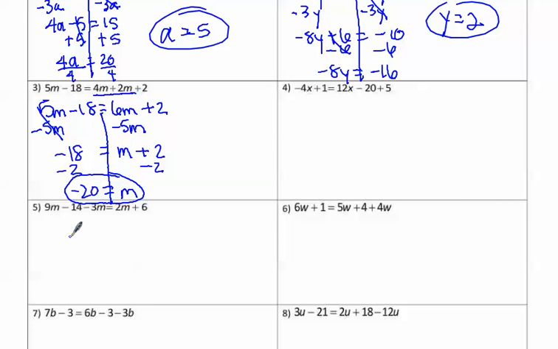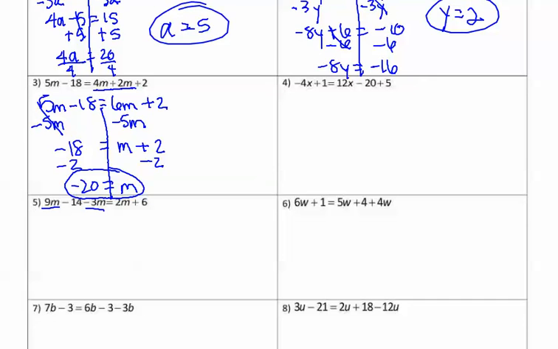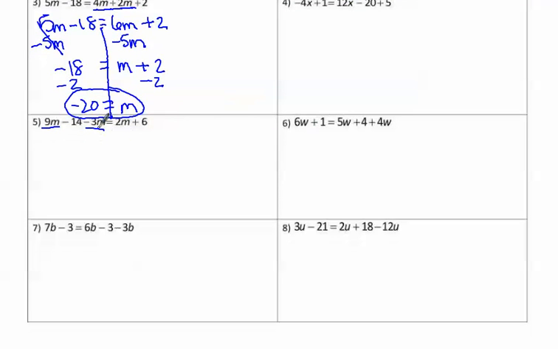I'm going to drop down to number 5. 9m minus 14 minus 3m. I can combine 9m minus 3m to give me 6m minus 14 equals 2m plus 6. Now I'm going to move my variables by subtracting 2m on both sides.